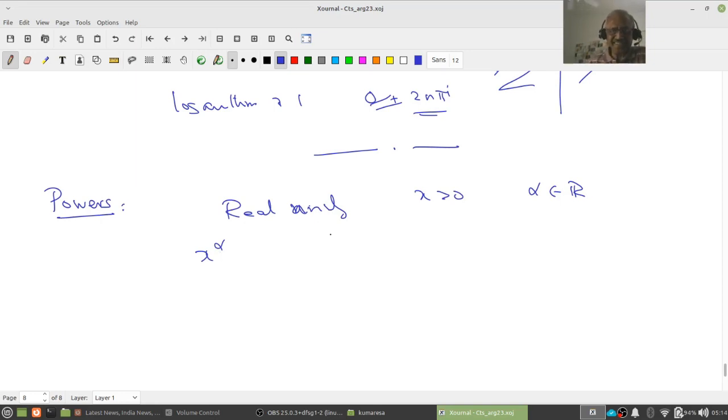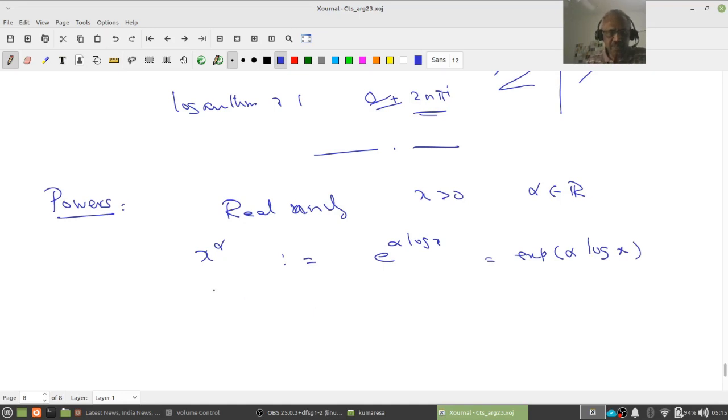You know its derivative is x power alpha minus 1 by alpha, where alpha is not equal to 0. But what is the actual definition? This is the definition of e power alpha log x. That is exponential of alpha log x. Do you understand? This is the way we define it.